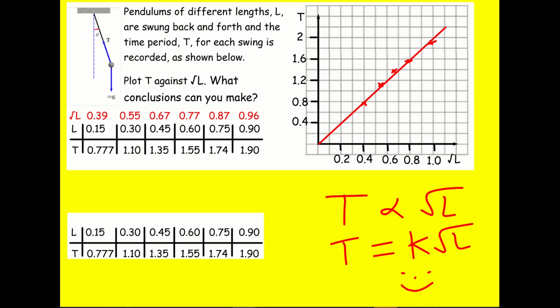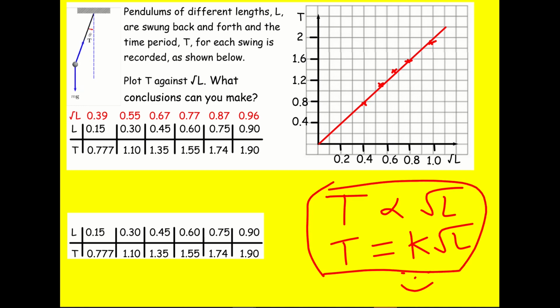It goes through the origin. Now, as I double root L, I double t. I can write this down. I could even try and find k as a number if I wanted to, but this is what I'm looking for. The graph and this sort of idea here is where you should be at this point.